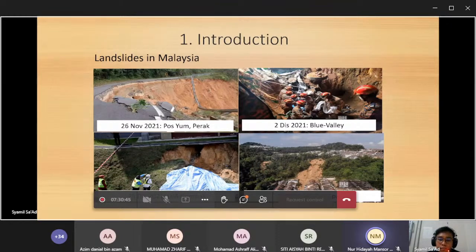On 26 December at UIA Gombak, about 128 students were displaced because of landslide or structural damage nearby the male dormitories. And on 10 March 2022, in Taman Permainan Bukit Ampang, at least 4 died. This addresses why we need a landslide monitoring system or sensors, or better, an early warning system.